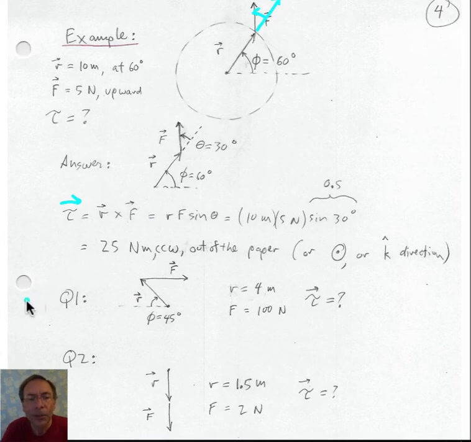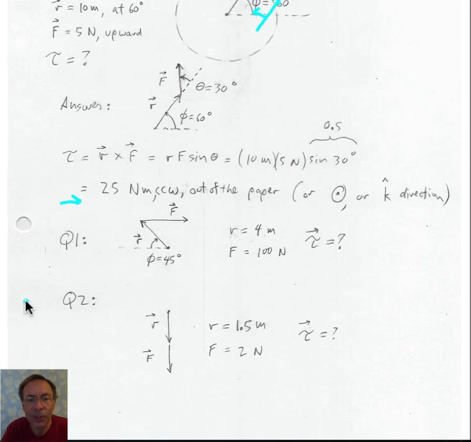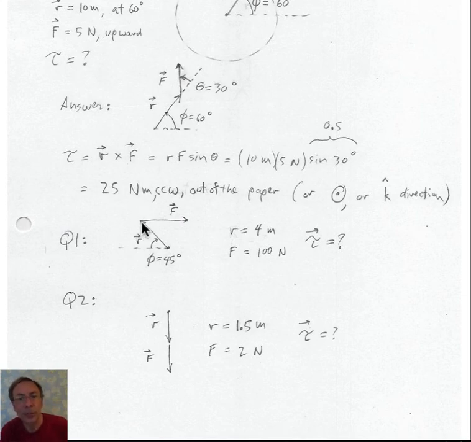All right, so here are some more questions. You should think about these for a little bit. What would the angle be for this one? This is a tricky one.